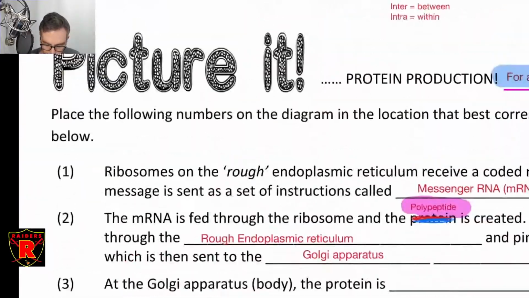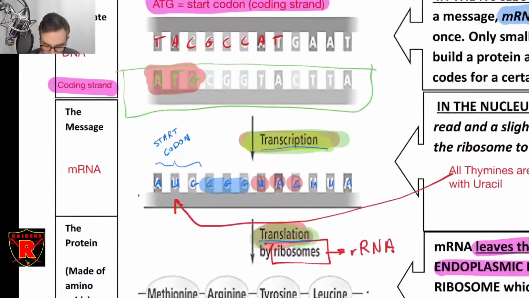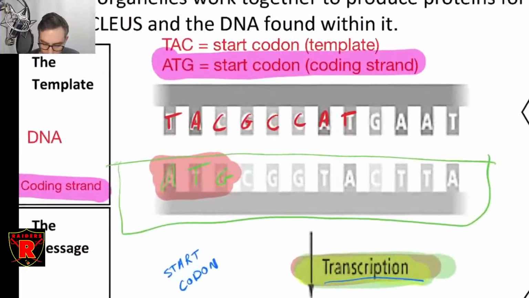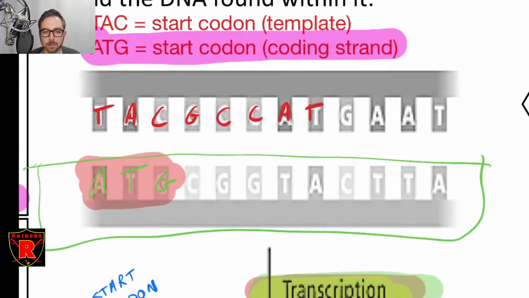So the template strand is across the top. These two strands have a different purpose. By the way, there is no convention for drawing one on the top or one on the bottom. So usually if this is ever drawn somewhere, it's indicated which one is coding and which one is template strand.